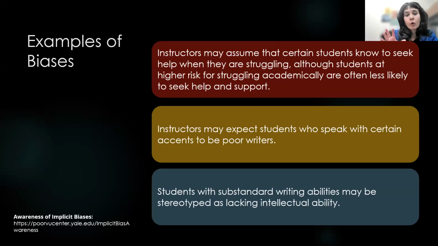So here I'm going to share several examples of unconscious biases that I found in a resource called Awareness of Implicit Biases. It's not even an article, it's kind of a repository with lots of different resources. I was looking for examples of unconscious biases that pertain to teaching and learning, like classrooms.